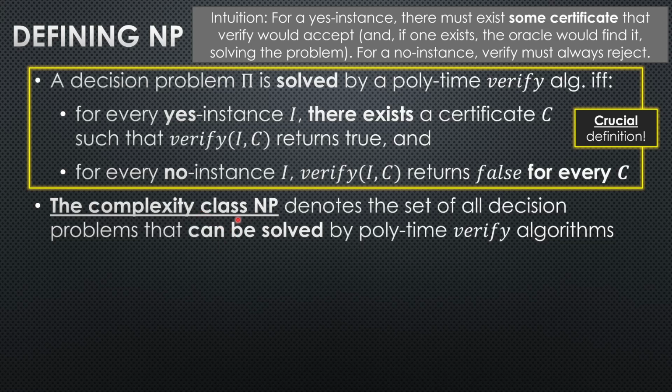Similarly, when we define the complexity class NP, I'm defining it here as the set of all problems that could be solved by polytime verify algorithms. I'm defining it this way so even if we don't know for a particular problem whether there is a polytime verify algorithm for it under the non-deterministic oracle assumption, if somebody really smart could come along down the line and actually show that there is a polytime verify algorithm, we'll consider the problem itself to be in NP.